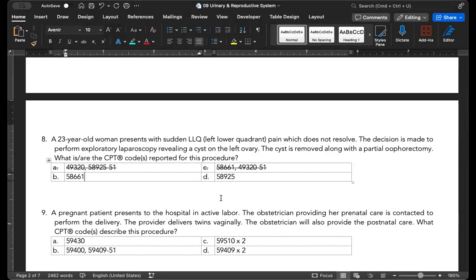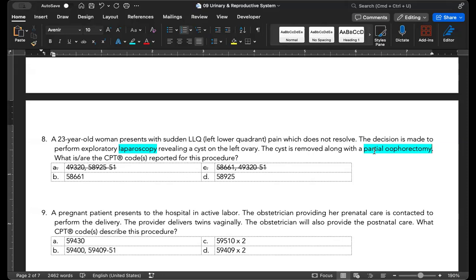In oophorectomy, again, we're doing it laparoscopically, so make sure you still pull in that laparoscopic component of the exploratory, because they didn't say we converted it into an open procedure. While they were in there doing the laparoscopy, it revealed a cyst, and they removed it along with part of the ovaries, right? So oophorectomy and then laparoscopic gives us four codes that we have to look at.